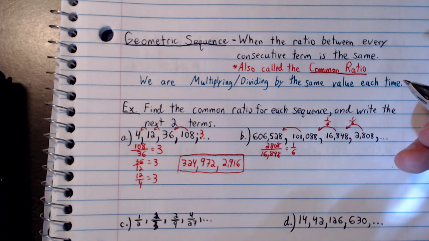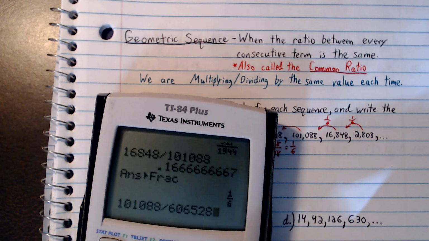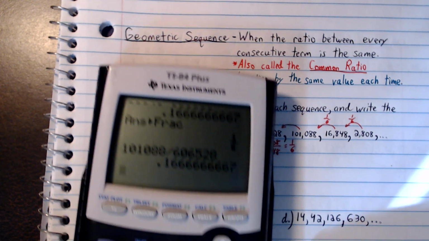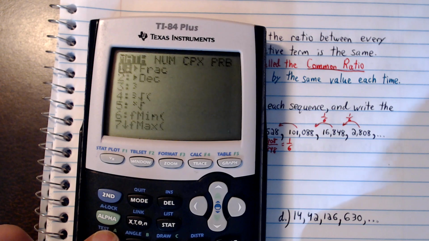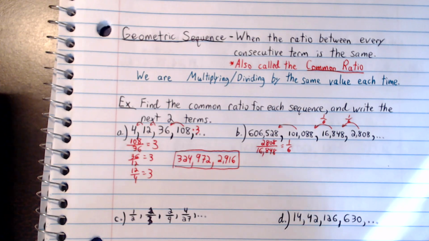So I've got to check this one last one. 101,088 divided by 606,528. Okay, so again, I'm just typing in the last couple of numbers divided, hitting enter, and I'll press math, frac, and it comes up as 1/6 again.